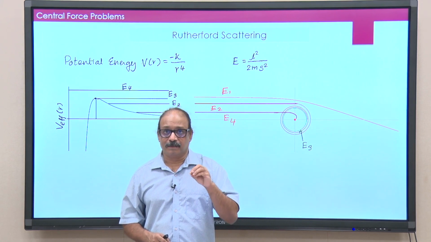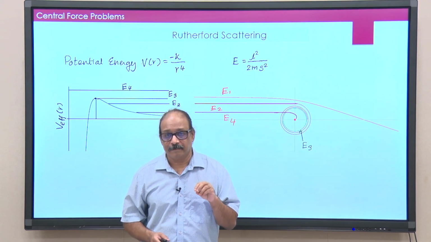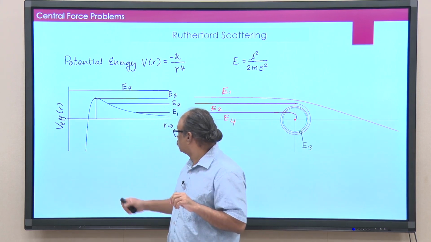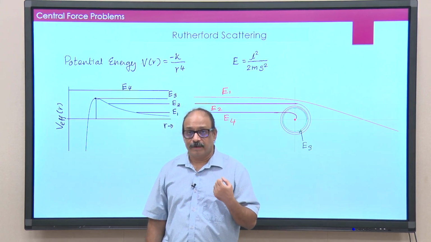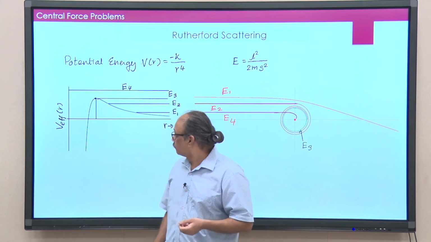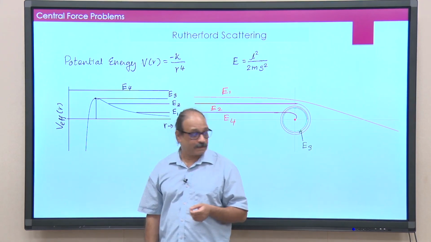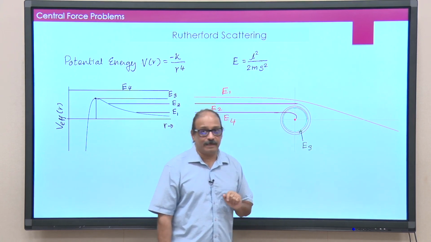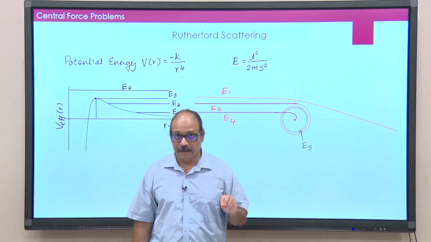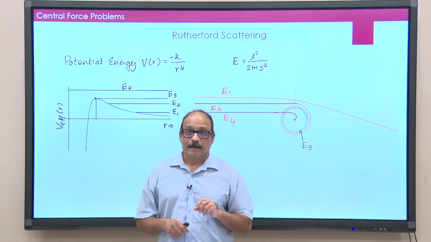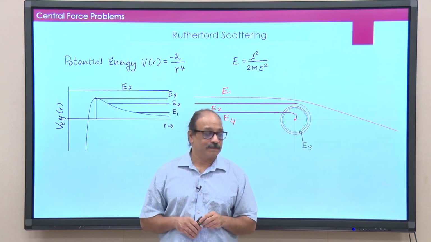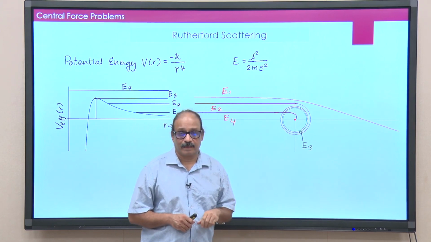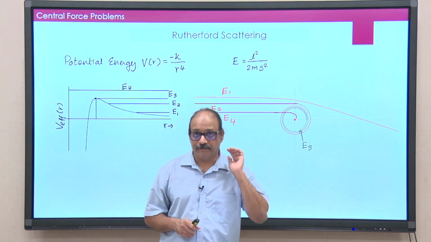Basically, this is a maximum in the potential, that is where the radial force is 0, or centrifugal force balances the attractive force, and then you get a circular orbit. So, that E3 I have shown here by a green circle there.